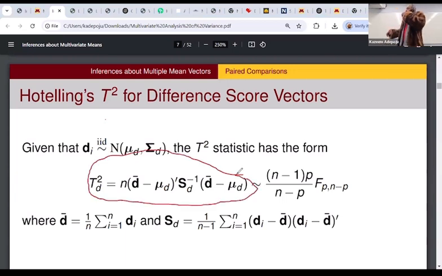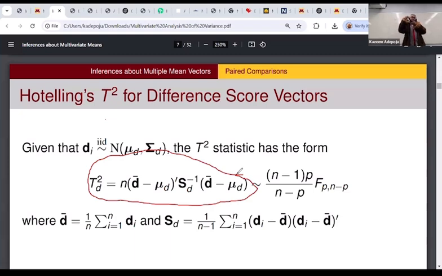The Hotelling's T squared here is based on the difference. The D bar is not just going to be a single mean, but a sample mean vector. Why do we have a sample mean vector?